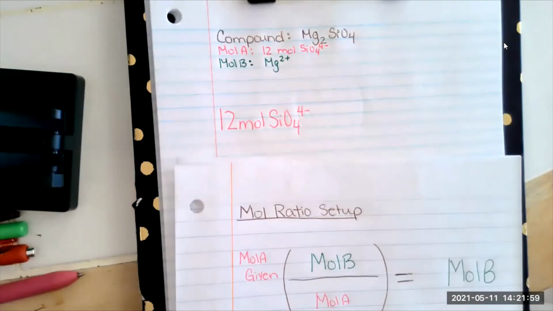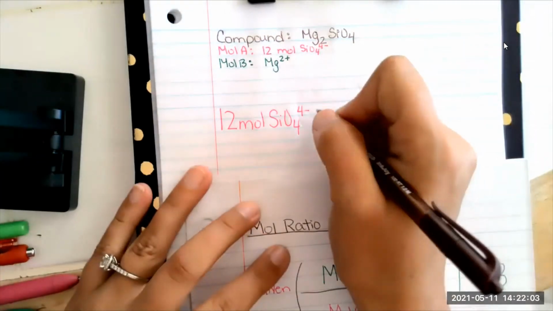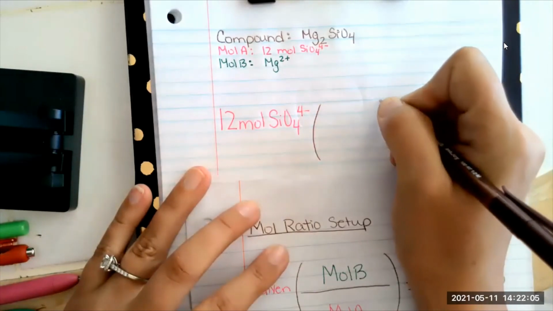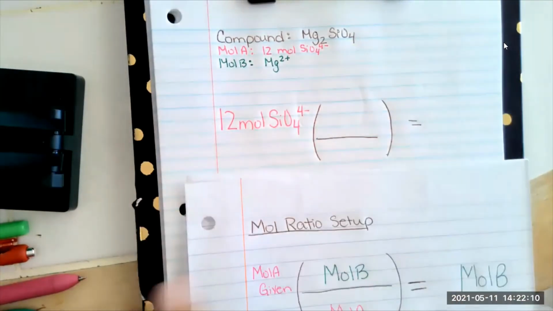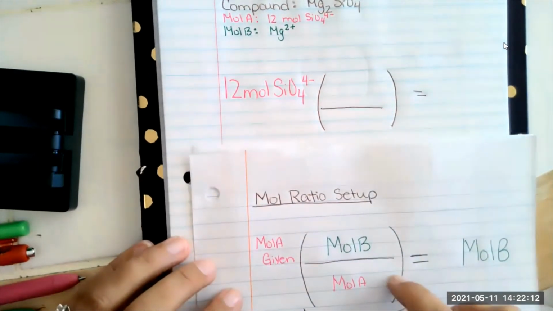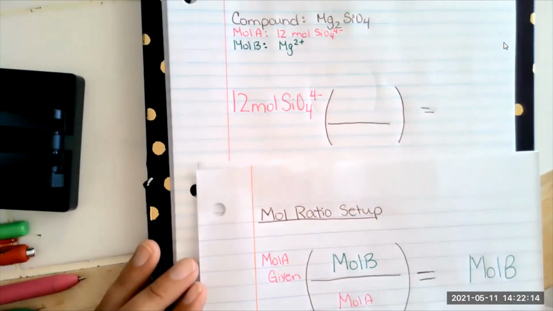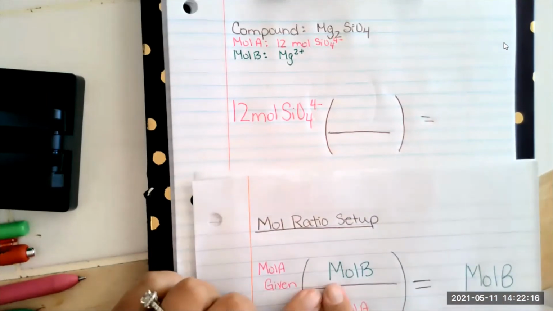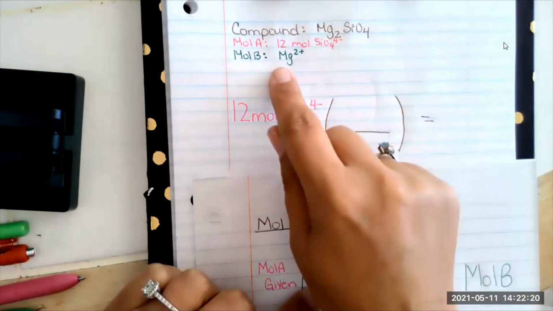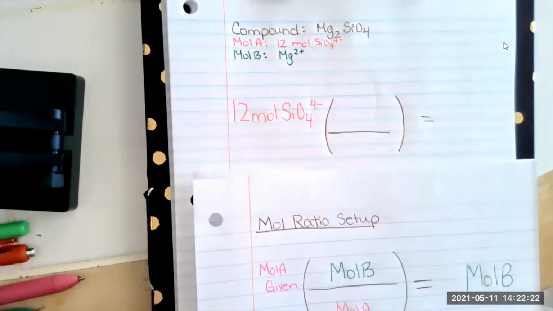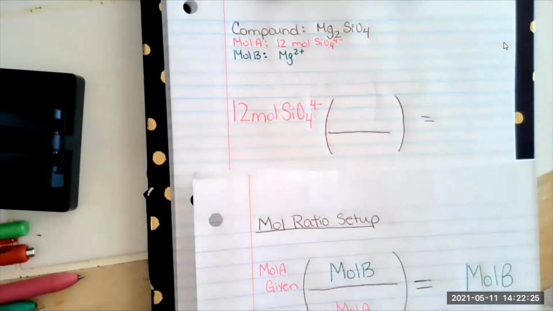Then we're looking for moles of magnesium. So that's our B. So we can go ahead and build this mole ratio from our balanced compound. So mole B on top, we look at mole B. Mole B is magnesium. There's a 2 next to the magnesium. That means there's 2 moles of magnesium ions.